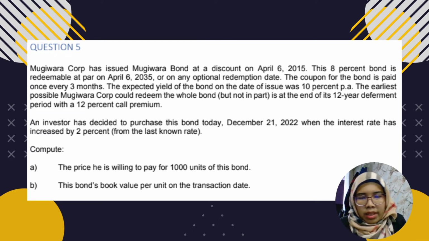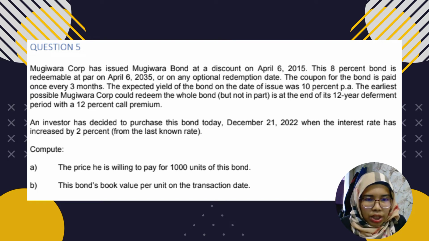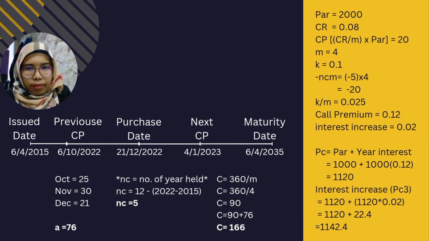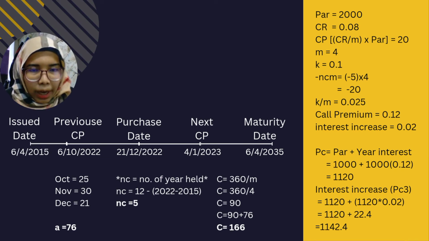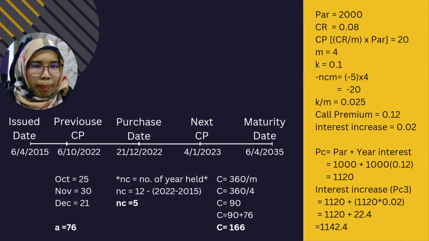So from this question, I have extracted information, which is PAR is equal to 2000, CR coupon rate is equal to 0.08, CP we got 220, M we got 4, K we got 0.1, negative NC.